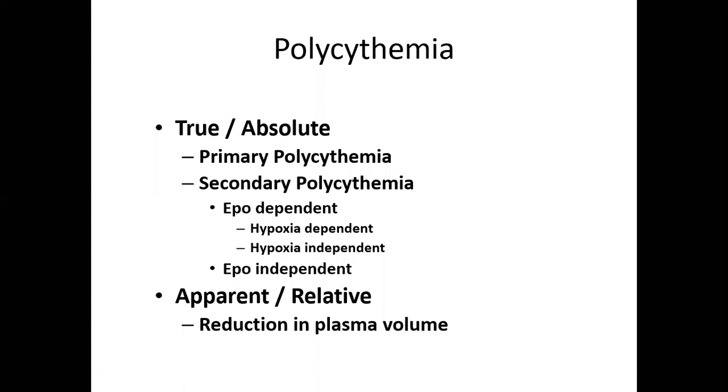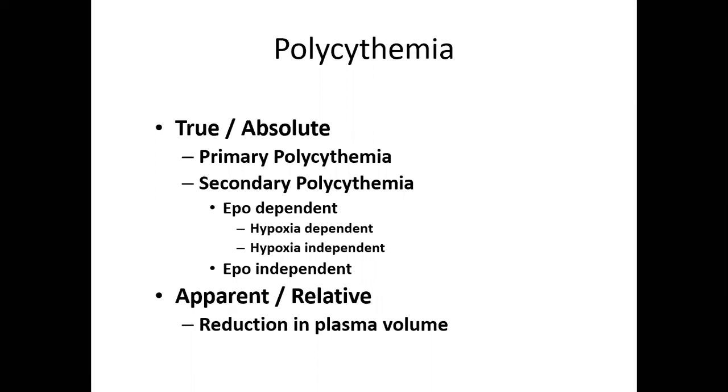Now we come to discuss polycythemia. Polycythemia is classified into a true or absolute polycythemia, in which there is true increase in the number of red blood cells, and it is mainly divided into primary polycythemia, which is the bone marrow disease, and the secondary polycythemia, which is reactive.